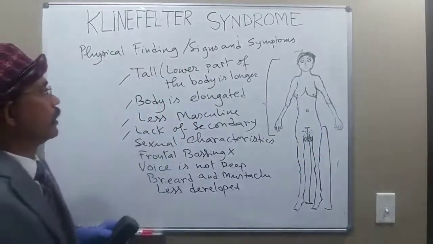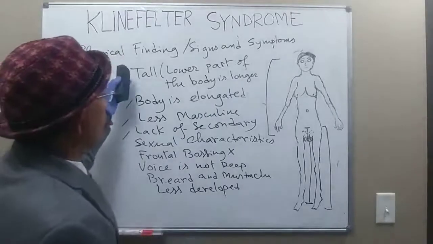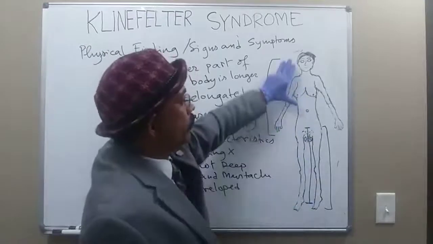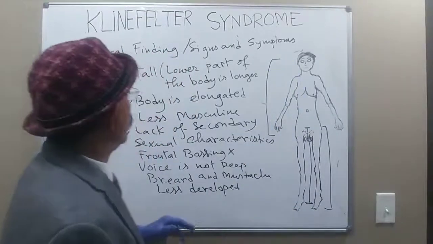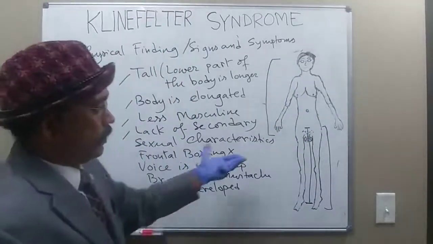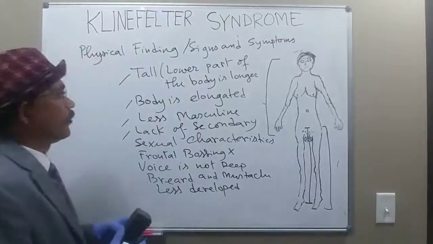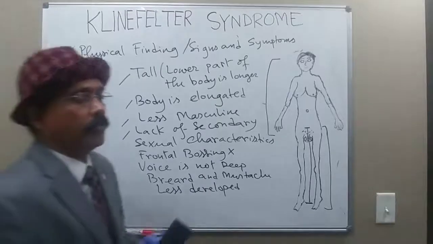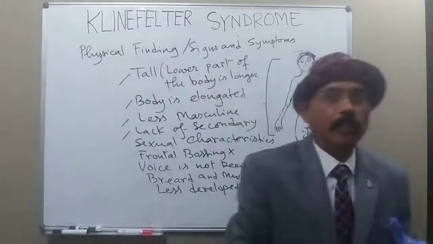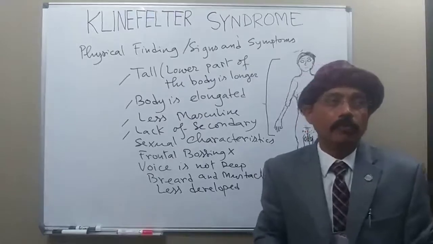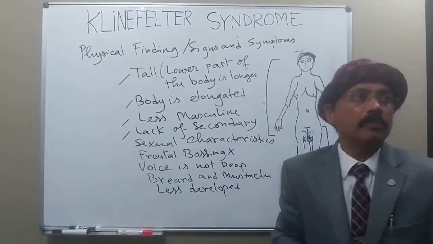They are tall, disproportionately tall; the lower part of the body is longer than the upper part. It is not a masculine body, and secondary sexual characteristics of a male like beard, mustache, and deepening of the voice would not be present.